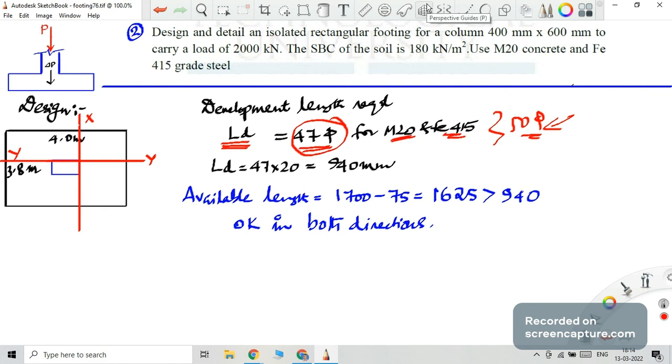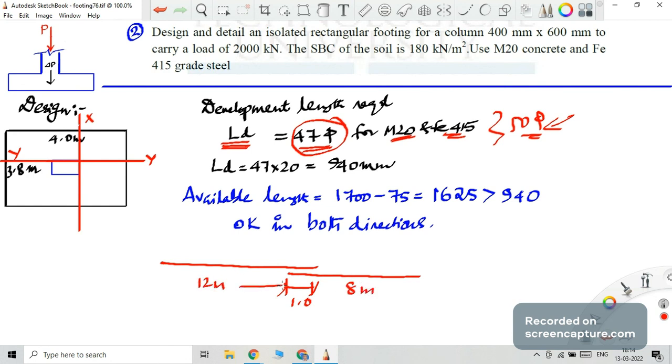So if it is a 20 bar, LD will be 50 times diameter by thumb rule, so it is 1 meter. So in that case, 12 meter bar, then 8 meter, and the lap length 50D is 1 meter. So 1 meter, 8 meter, 12 meter. This is what you should do in the field.